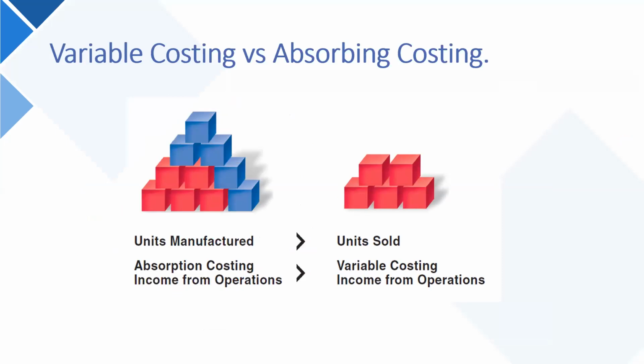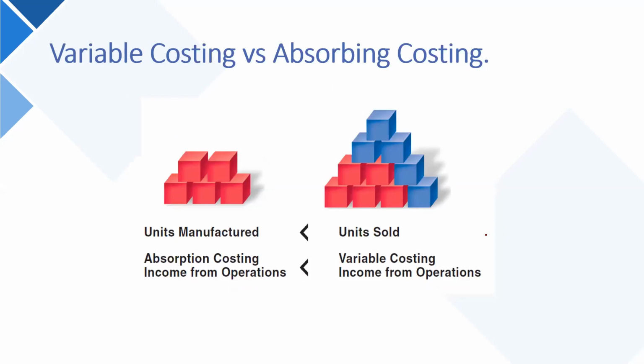If you are manufacturing more than what you are selling, then the absorbing costing income from operations, the operating income, will be bigger than the variable costing. Why is that? Well, because all of this extra production will be taken to the balance sheet. And as it's taken to the balance sheet, it goes out of the income statement. And in the variable cost, it doesn't. It stays as a period expense. So that's the difference, and that's the reason.